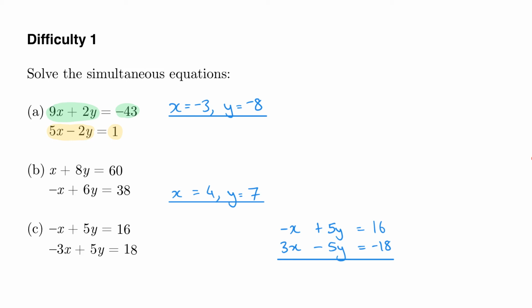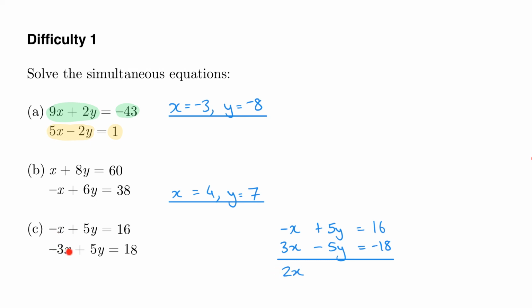I actually chose to multiply the second one through because now when I add these together, I'm going to have -x plus 3x, which gives me positive 2x. And I just thought a positive coefficient of x would be easier to work with. If I did it the other way, I would have ended up with a positive x and a negative 3x being kept the same, which would have added together to give me negative 2x.